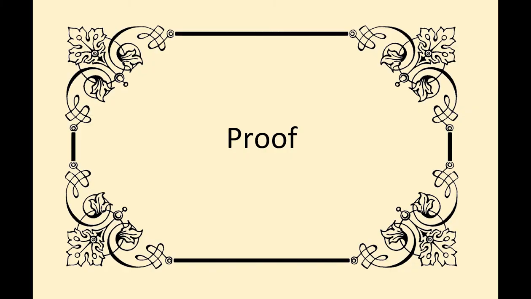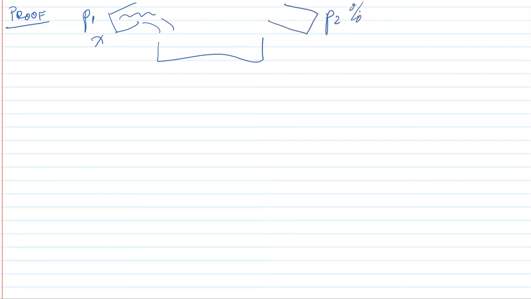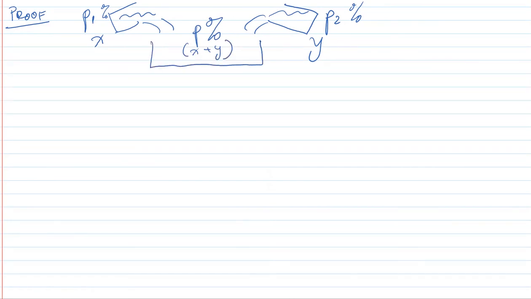All right, so now let me prove that it works. So let's say I have a situation where some P1% of quantity X goes into a bucket, some P2% of some quantity Y goes into the bucket, and they end up with P%, and the quantity is, of course, X plus Y. All right, so on the left, I'm gonna do the proportion method.